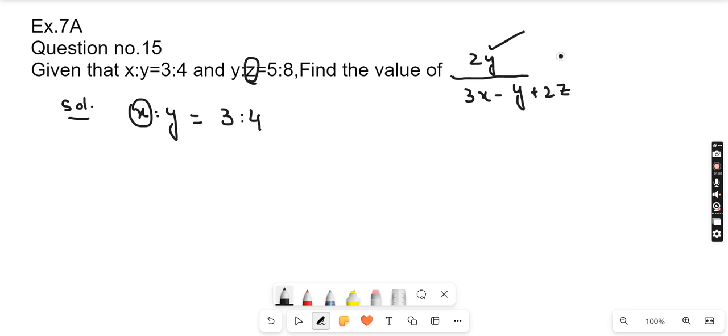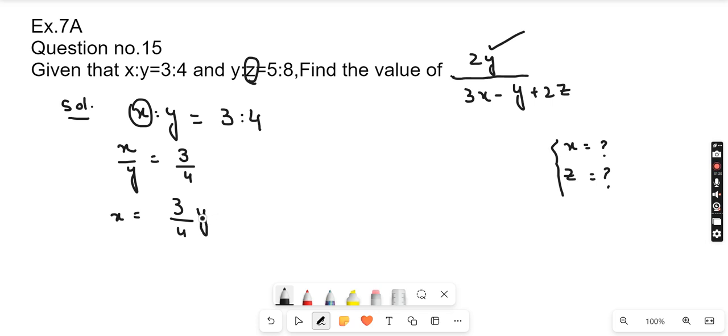Remember this for the beginning of the question. Moreover, with the question you will be clear why we are calculating the value of x and z. So x by y will be 3 by 4 and the x value will be 3 by 4 y.